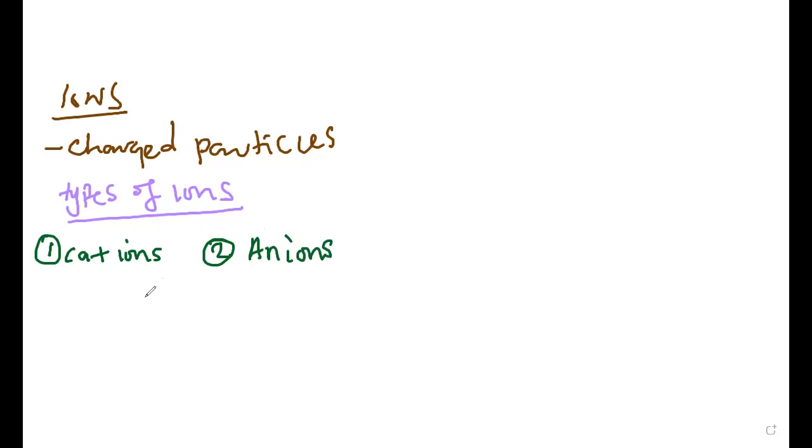These are the two types of ions that we have. So cations are positively charged ions.